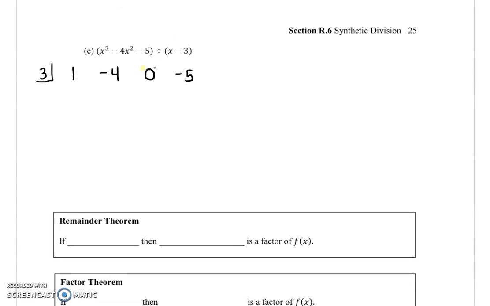So this 0, super important. If we leave it out, we will get messed up. So we put in a 0 because, again, there was no x to the first power term in the dividend.